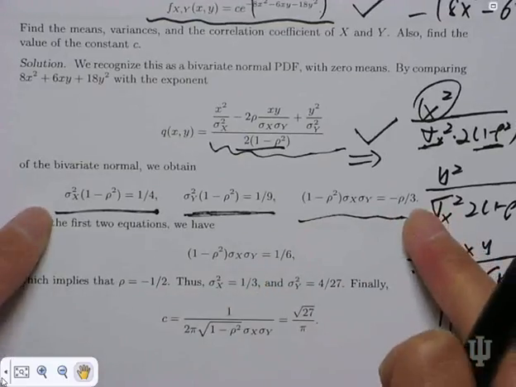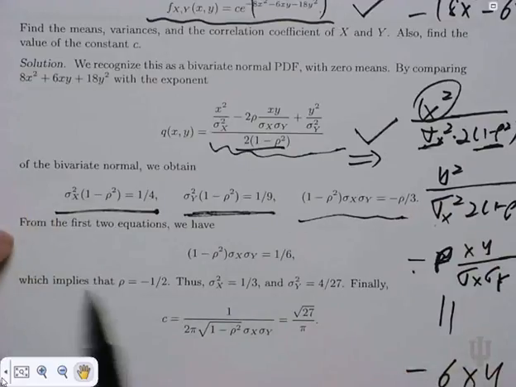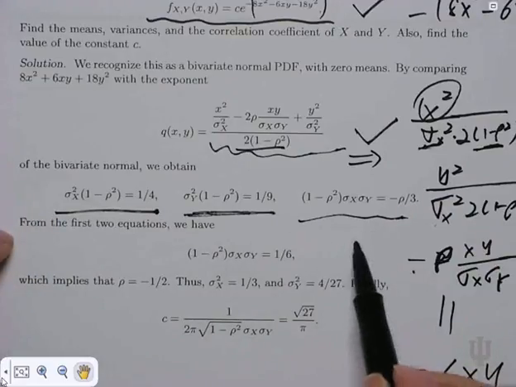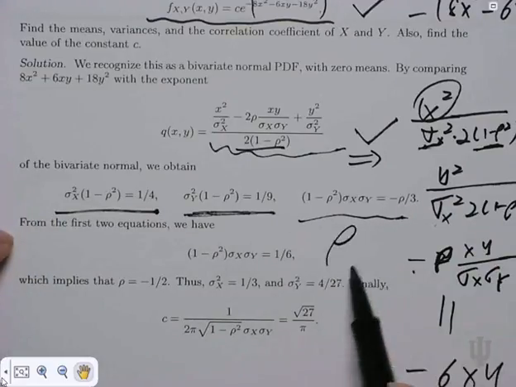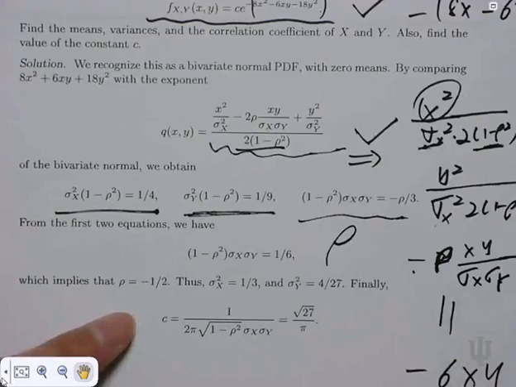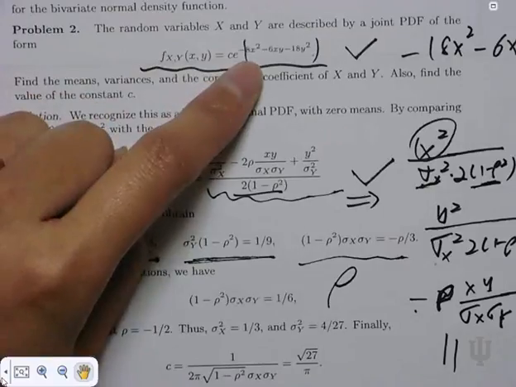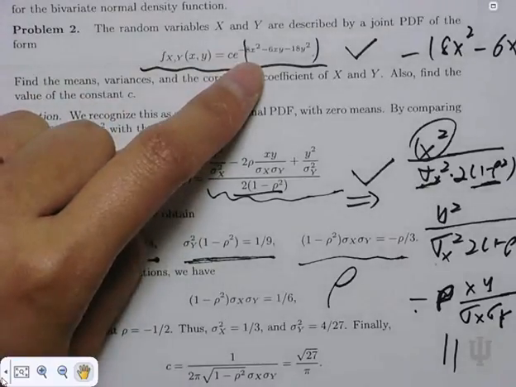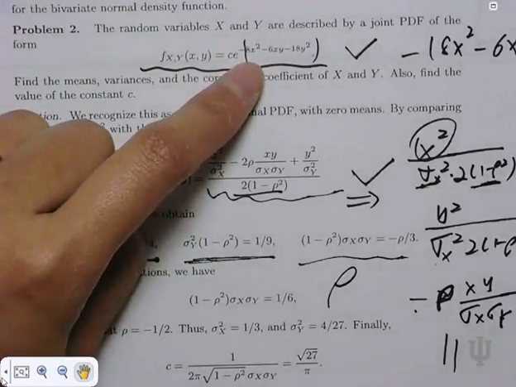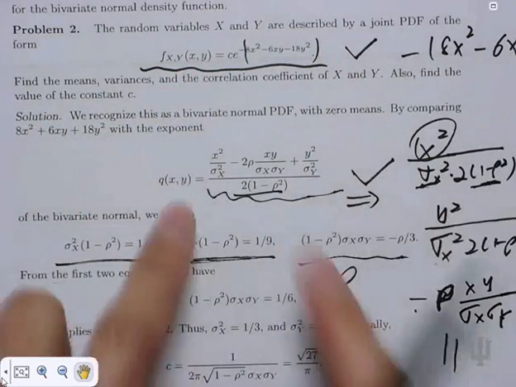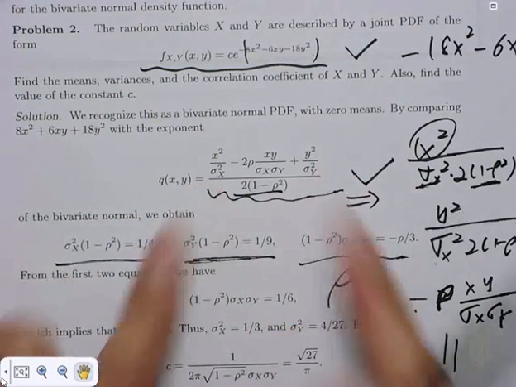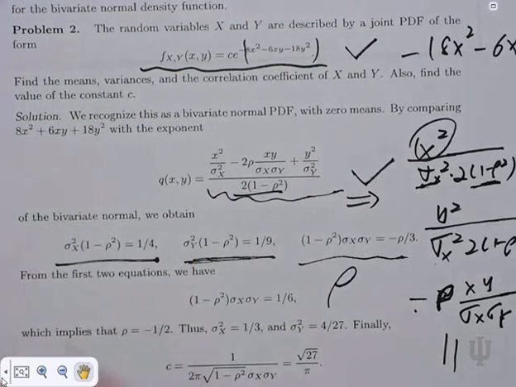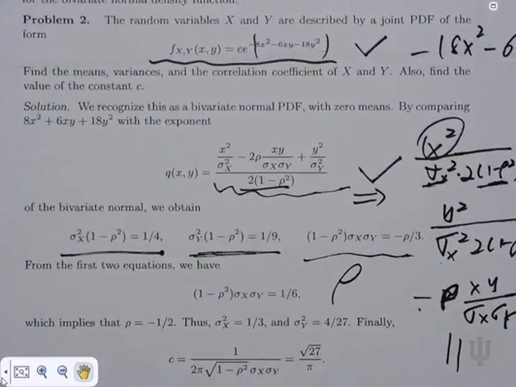After you get this, you'll be able to decide rho and sigma x, sigma y, okay? So when you notice it's a bivariate Gaussian random variable, or it satisfies this form, then you will be able to determine all the parameters, right? So it's a very nice problem.